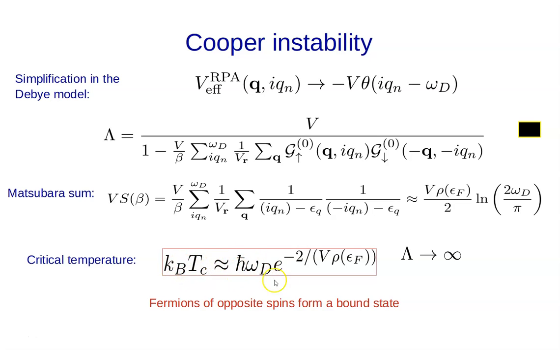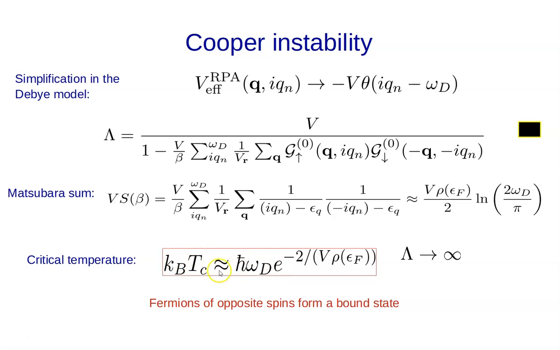The larger the density of states and the potential, the better, because this will decrease the exponent's magnitude, and overall the critical temperature can increase. But for metals, this is still a sizable reduction, a factor of 10 or so. So if we're talking about 100 kelvins, this could be 10 or so.